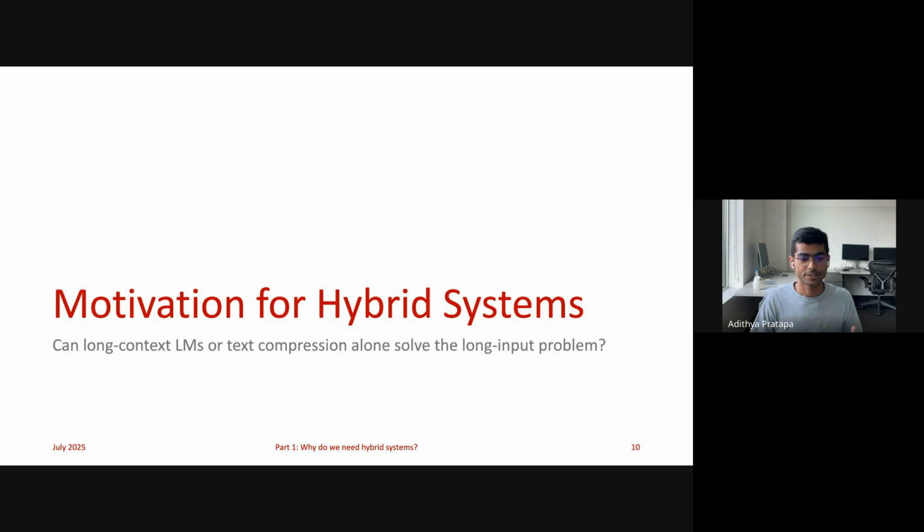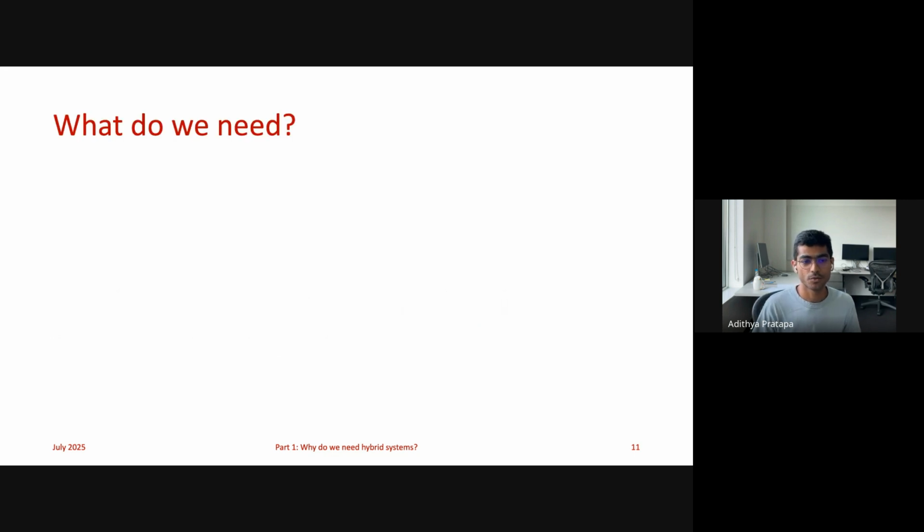But now we have language models that support 100,000, 1 million, or even 10 million context windows. So is one of these the best solution for this task? And we basically do an analysis of this and show that we want to have a hybrid approach. So to solve this task, what do we essentially need?